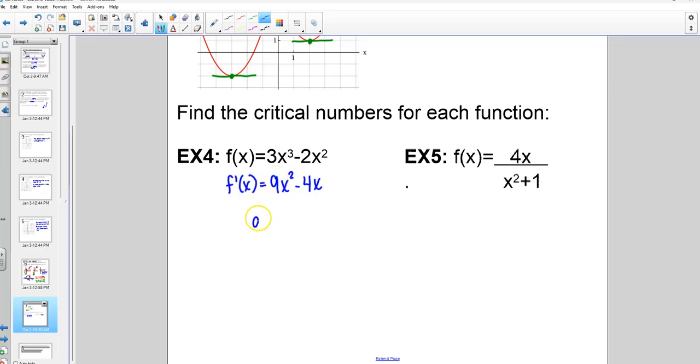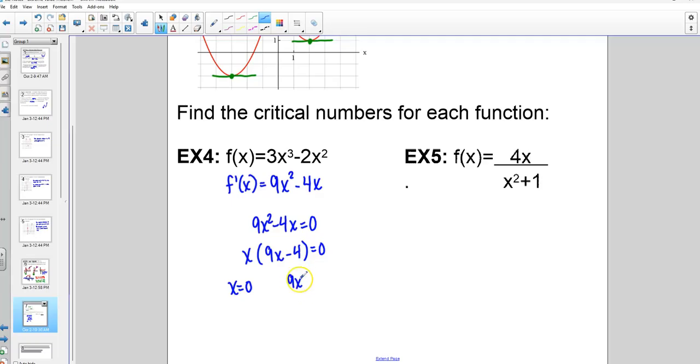So if I have 9x squared minus 4x is equal to 0, how do I solve that? We take out an x, x times 9x minus 4. We're going to set both of those things equal to 0. So we will get x equals 0 will be one of our critical points.